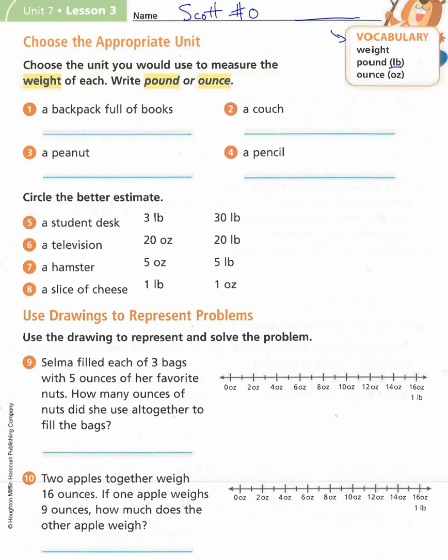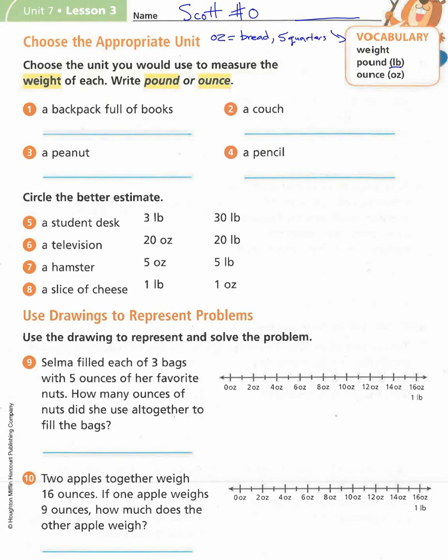If you watched the videos that were in the previous PowerPoint that hopefully you watched, the Khan Academy videos, you know that an ounce is about the weight of a piece of bread, a slice of bread, right? Or 5 quarters.